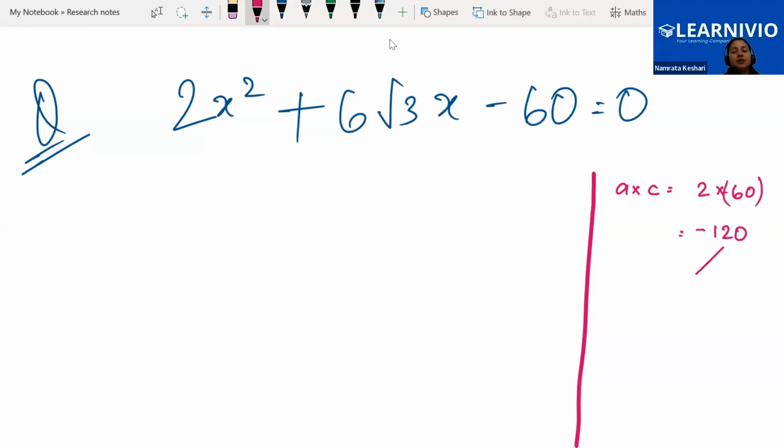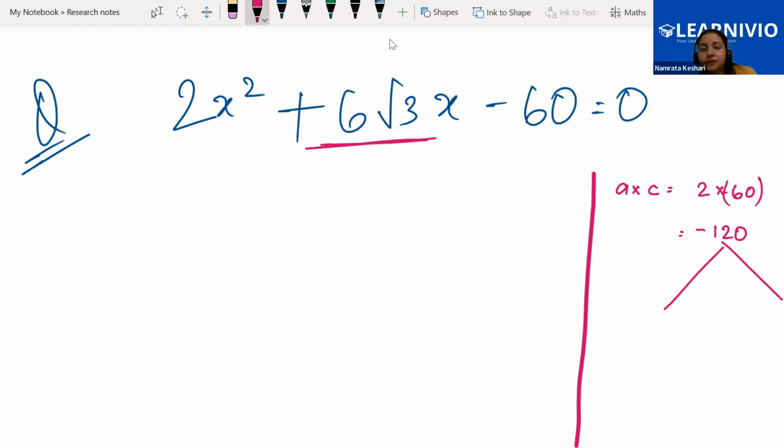Now we will try splitting this AC, but this time it's not that simple. Here we are having a square root term. So to think about something and something which added together or maybe subtracted together will generate the square root term, that's quite difficult.